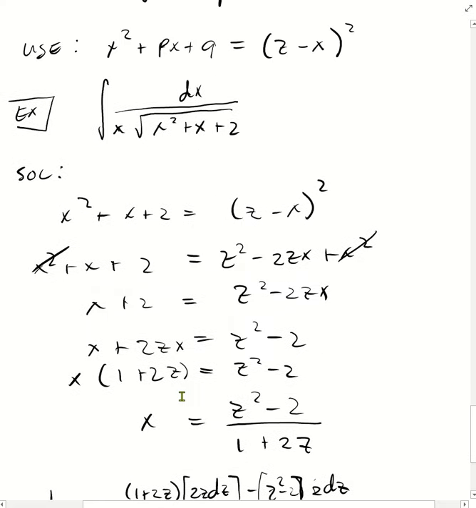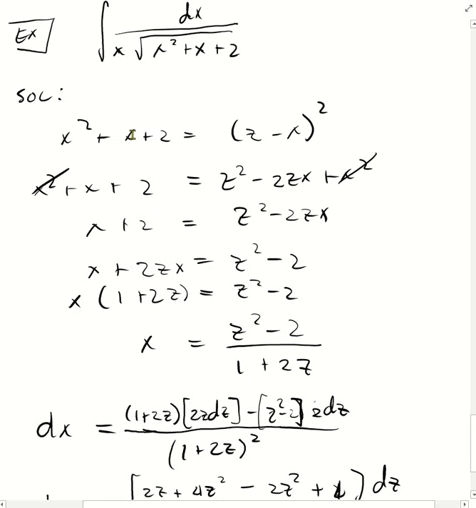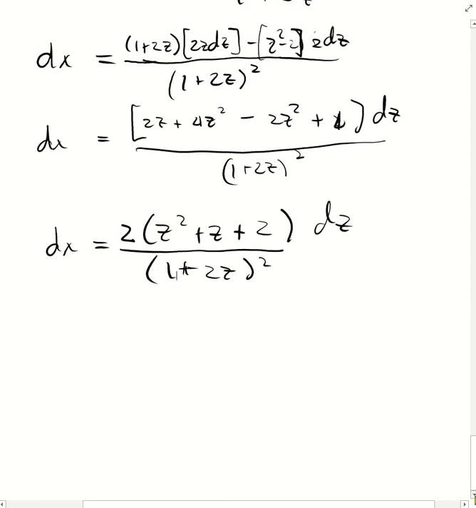Then we need to solve for the square root of x squared plus x plus 2. From here, the square root of x squared plus x plus 2 will be equal to z minus x, the square root of z minus x squared.